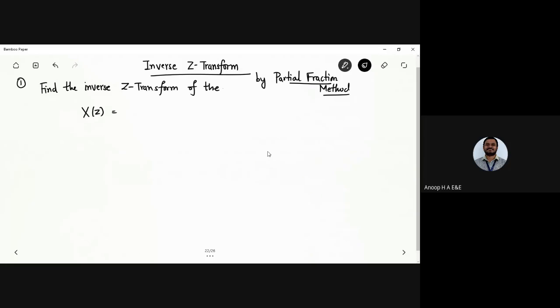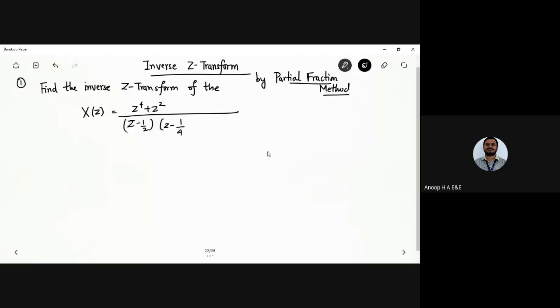X of z is z power 4 plus z squared divided by z minus 1 by 2 into z minus 1 by 4, with ROC mod z greater than 1 by 2.